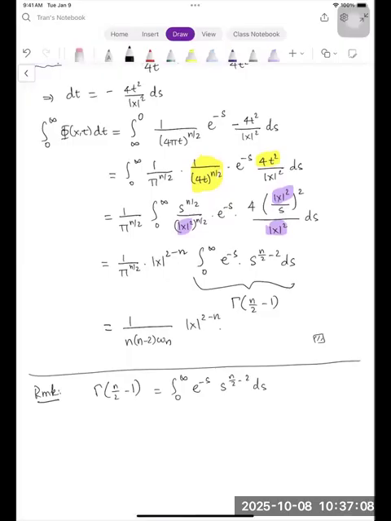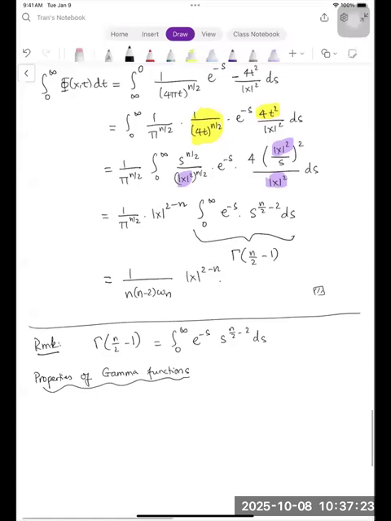So we have some properties of gamma functions, that I have gamma of n plus 1 over 2. I have a recursive formula.